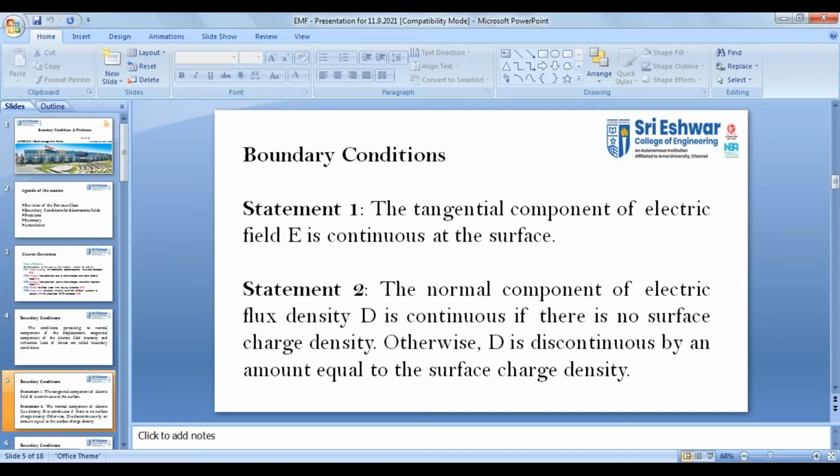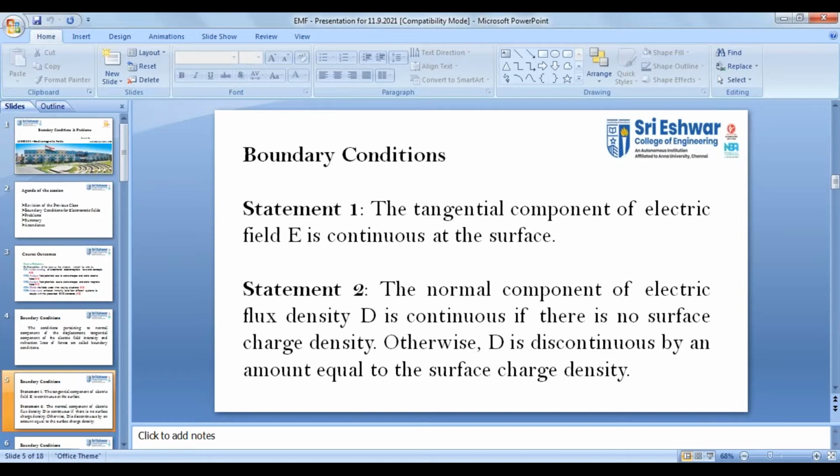Statement 1 is the tangential component of electric field intensity E is continuous at the surface. I'll tell you while doing the derivation what is the meaning of the word continuous and what is the meaning of the word discontinuous. The tangential component of electric field E is continuous at the surface. That is the first statement.